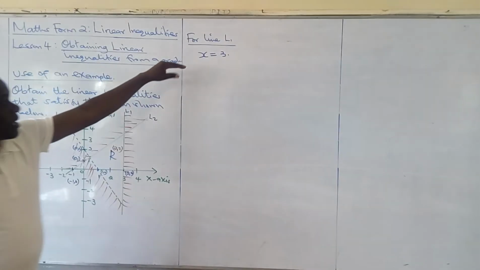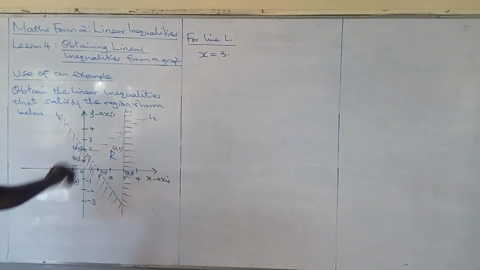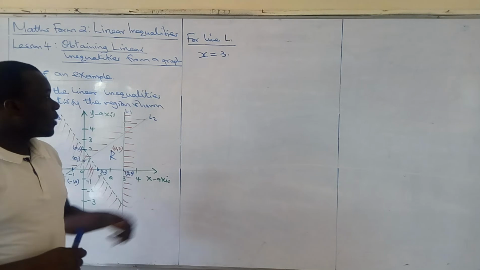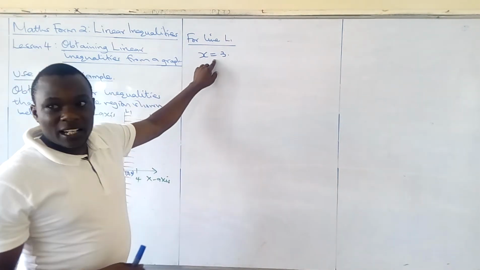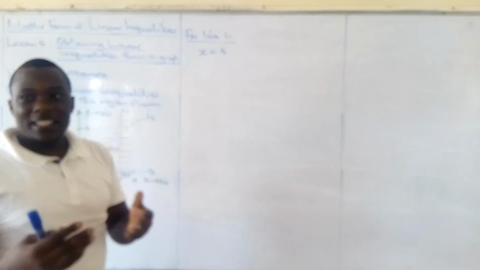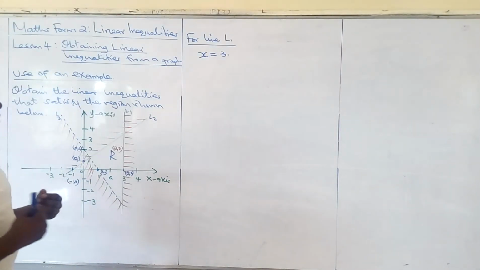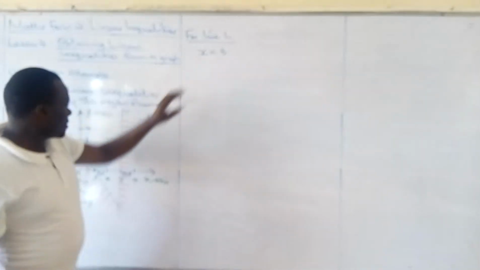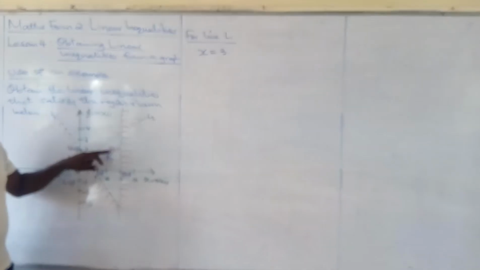So once we obtain the equation of line 1, we are supposed to determine whether we are going to have greater than, less than, greater than or equal to, or less than or equal to. How do we do that? We will use our reference point. In this equation, our value of x will be 2.